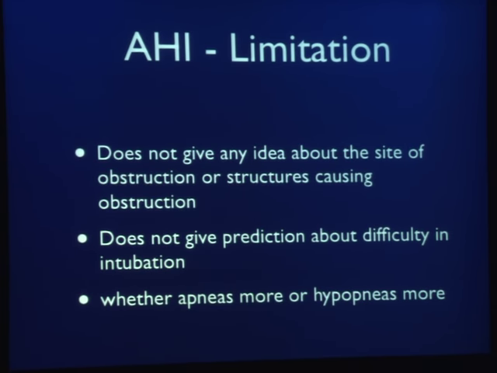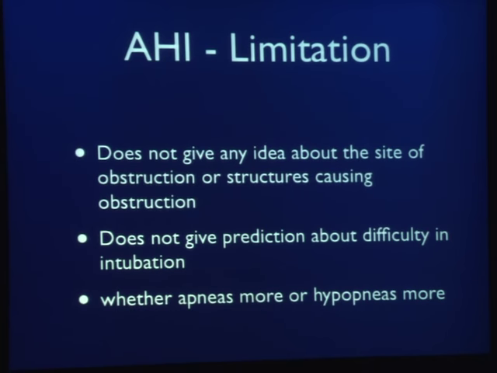It does not even give a prediction about difficulty in intubation. If you are going to operate on this patient, whether a high-AHI patient will be difficult to intubate is not necessarily so. A patient with an AHI of 35 can be much more difficult to intubate and operate on than a patient with an AHI of 80. Why? Because that depends on the site of the problem.